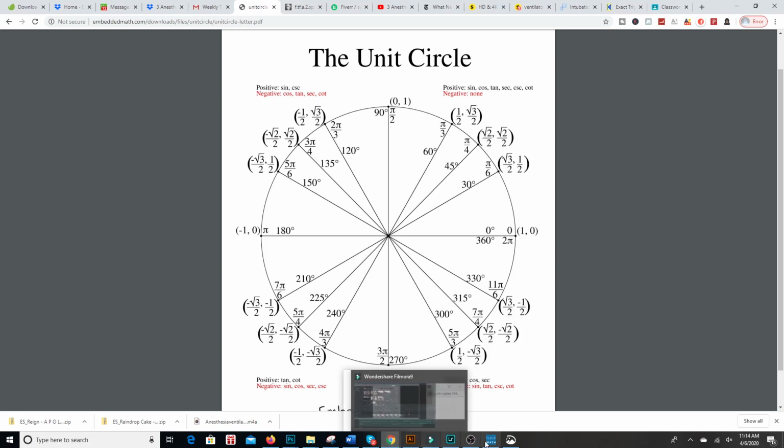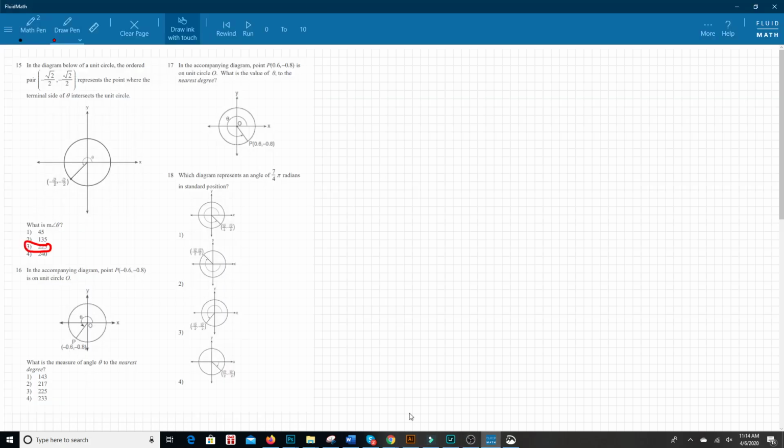Our question has 0.6 and negative 0.8, so we're looking at a degree measure slightly less than 240 degrees.